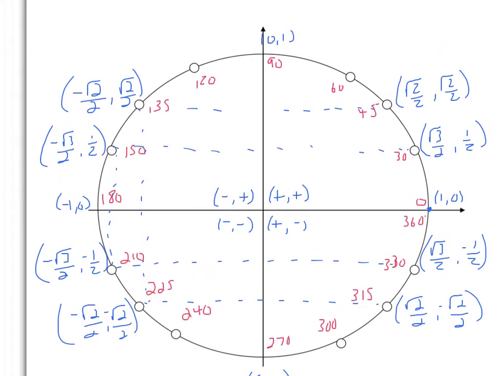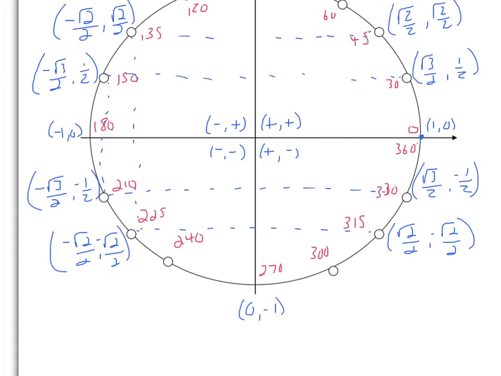My last one is the 60, and the 60 and 30 are just flip-flops of each other. So here it's 1/2, root 3 over 2. I reflect that across, and I get negative 1/2, root 3 over 2.